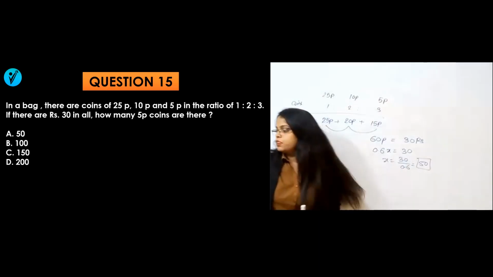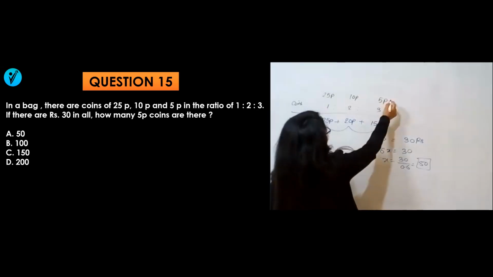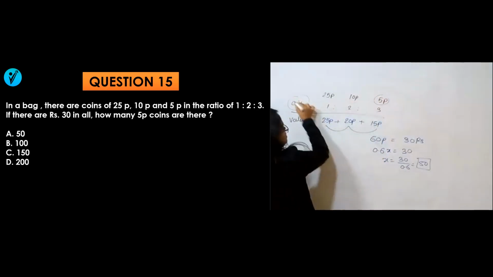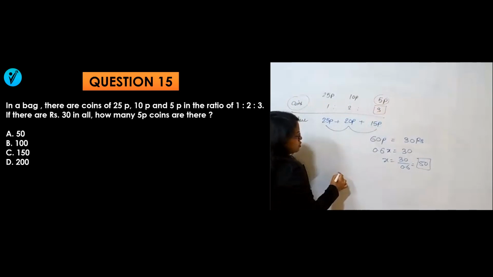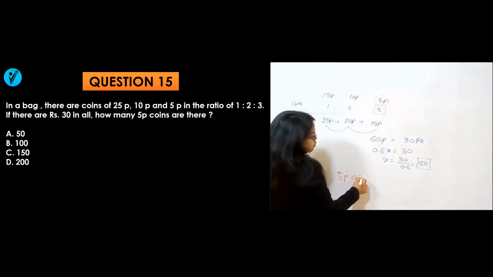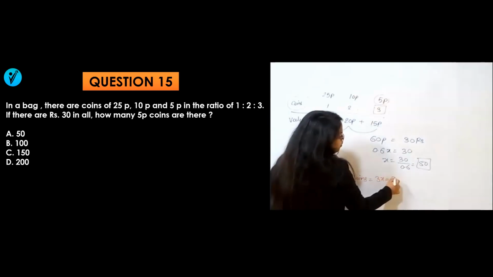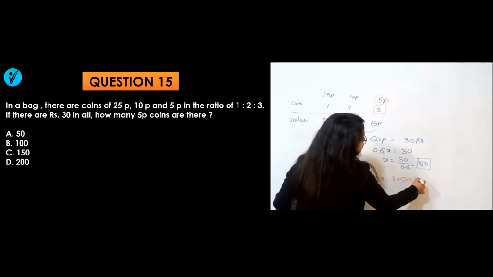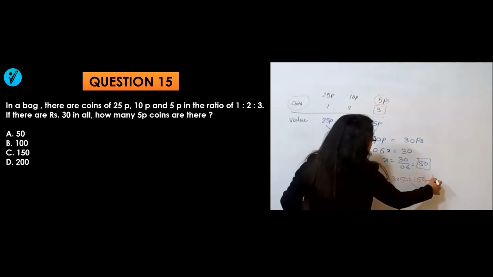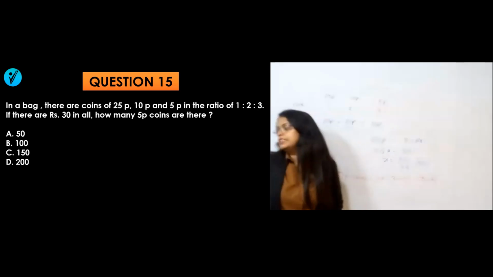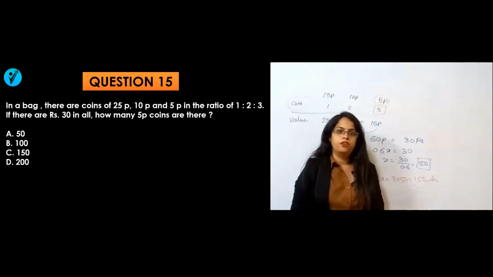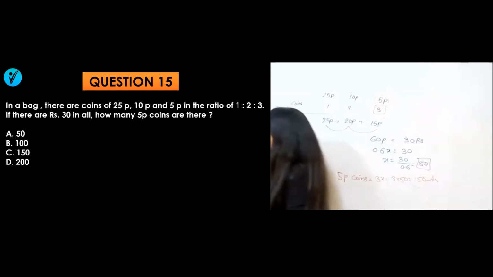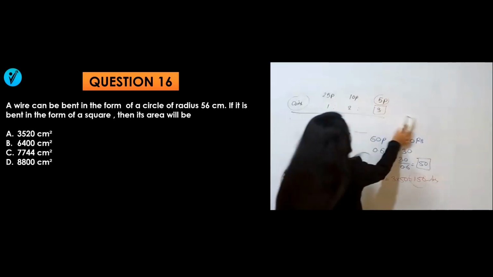That means they are asking about these 3 parts. So 5 paise coins will be equal to 3x, where the value of x is 50, so it will be 150. Your answer will be option number C, that is 150. That's it. Now let's go for the next question. Question number 16 is here.